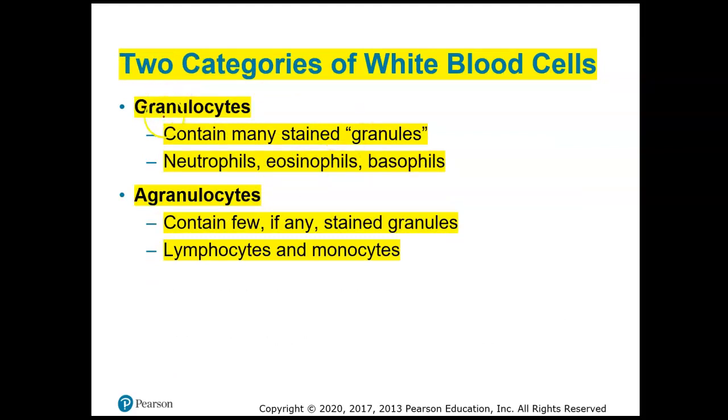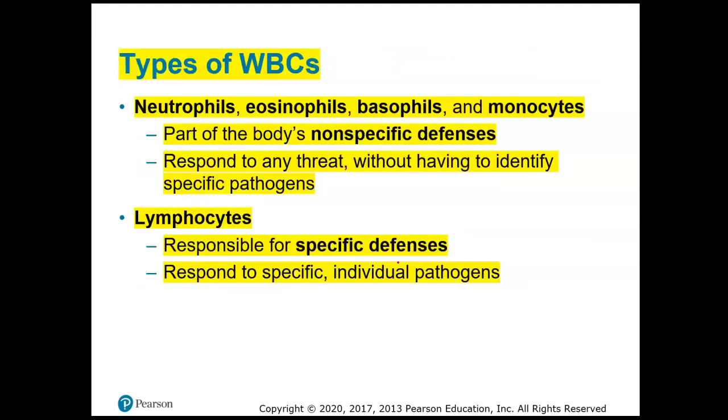There are two types of white blood cells. There are three of them that are called granulocytes because they have granules in their cytoplasm that you can see under the microscope. They are neutrophils, eosinophils, and basophils. Then the agranulocytes, which don't have many of these granules, are the lymphocytes and the monocytes.